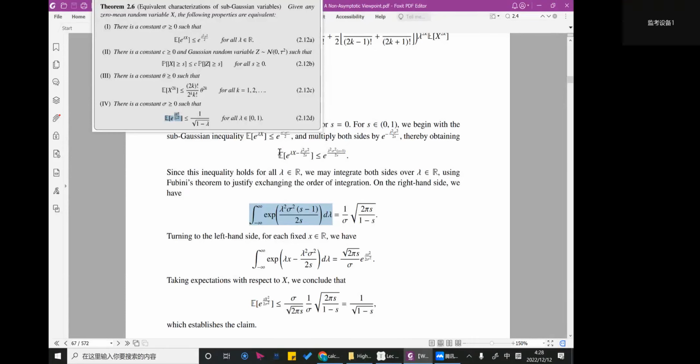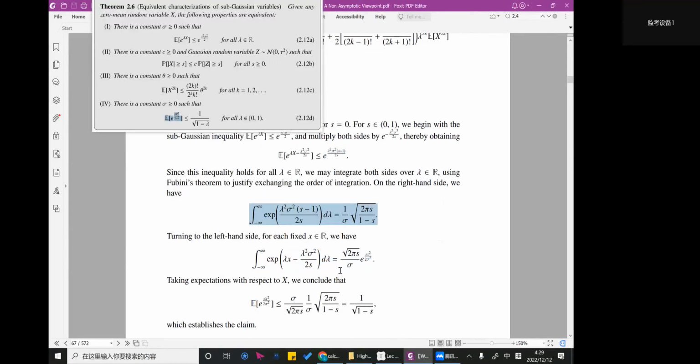All right. Let's look at this inequality. We get this inequality, and the left hand side of this inequality gives you this result, and the right hand side gives you this equality.